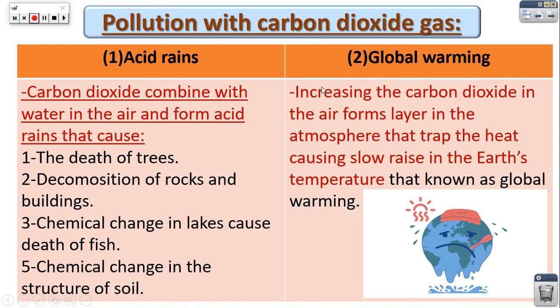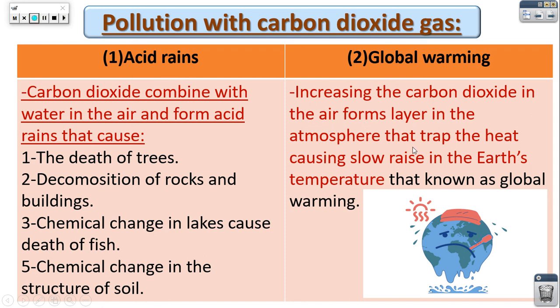We take the heat from the sun. The earth takes what it needs from the heat, and extra heat is reflected one more time to the space. But the existence of carbon dioxide in a huge amount in the atmosphere due to the burning of fossil fuel makes a layer.